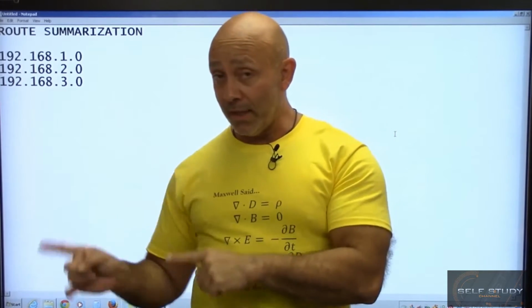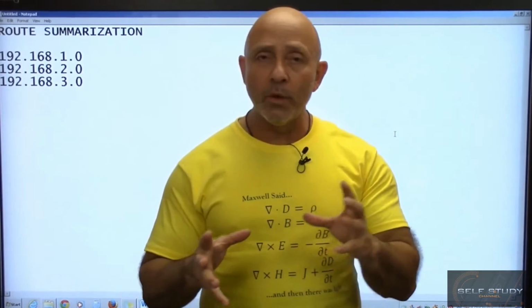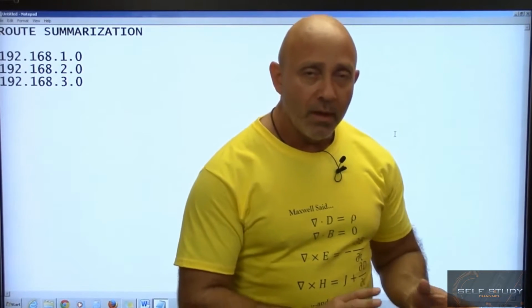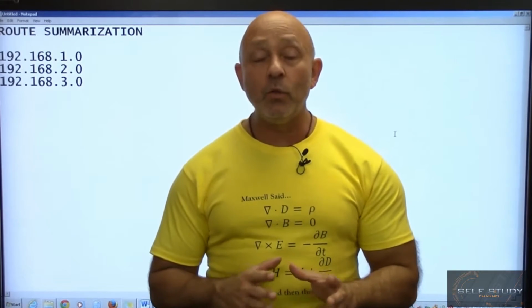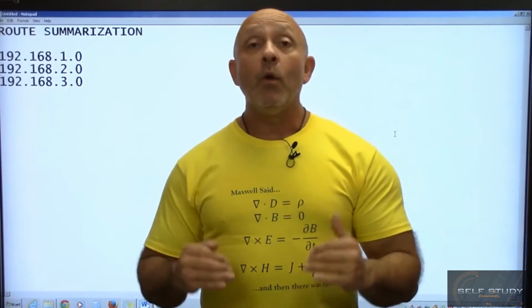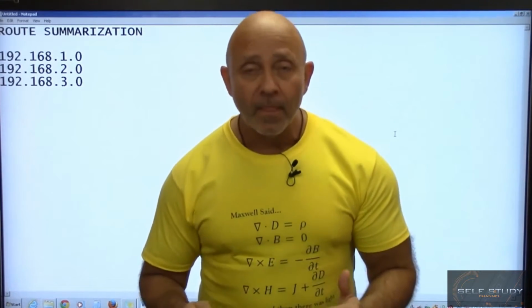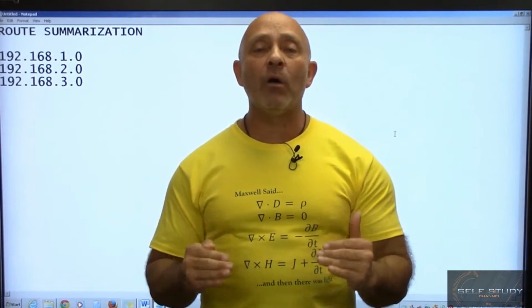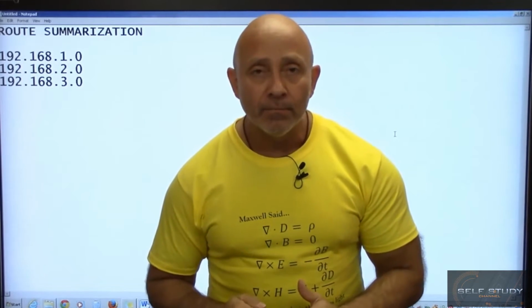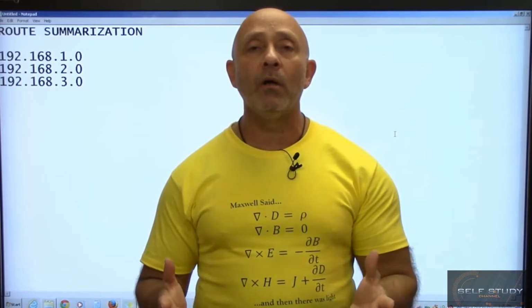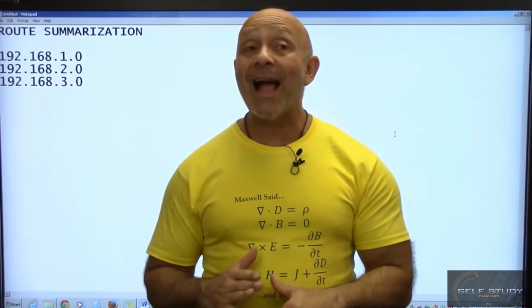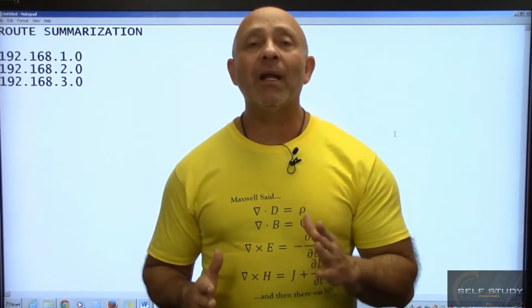When we're talking about a routing protocol such as RIP version 2 or EIGRP, where you have to put no auto-summary, it's different, because the routing protocol will summarize automatically to the classful boundary.